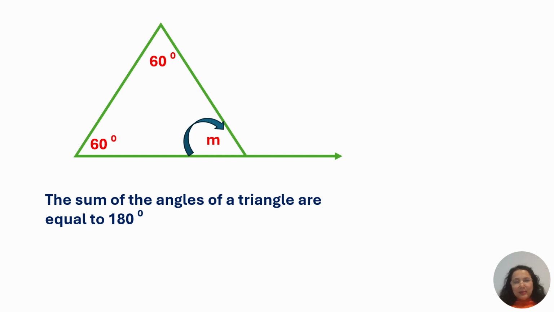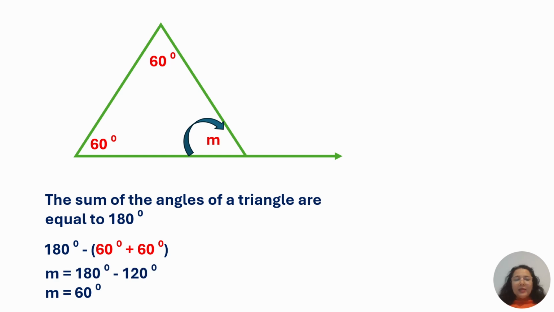So it's very simple now. All you have to do is add the 60 degrees on the top and the 60 degrees at the bottom, which gives you 120 degrees, and then 180 degrees minus 120 is equal to 60 degrees. So we say angle M is 60 degrees.